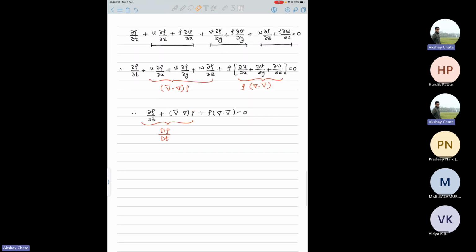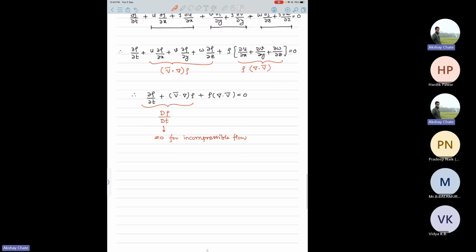So now this term goes to 0 for incompressible flow, as we have seen in previous classes also.